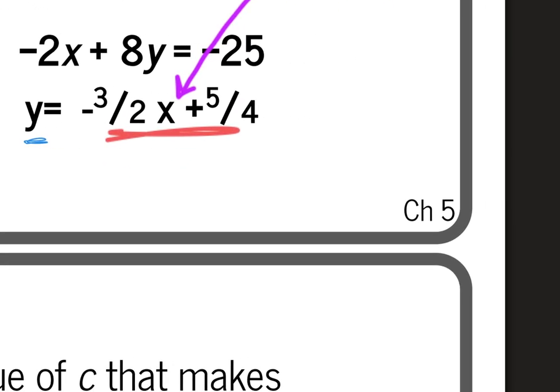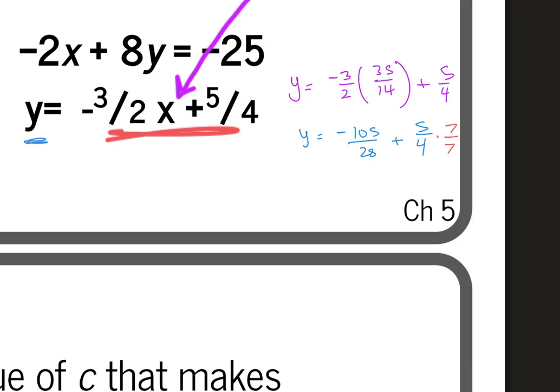Okay, well, I understand. y equals negative 3 over 2 times 35/14 plus 5/4. Cool. So we can multiply these and we get y equals negative 105/28 plus 5/4. I can multiply that by 7 over 7. Hang on, let me pretty that up a little bit.